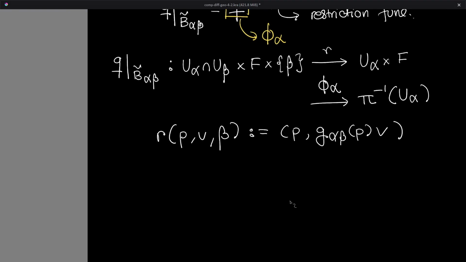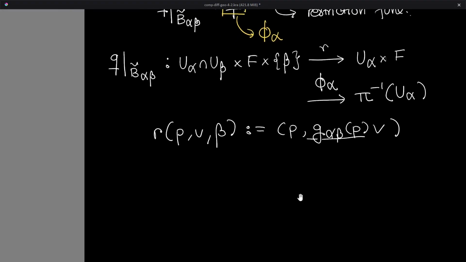It just removes beta and replaces it with the linear map that takes V to the fiber over alpha.